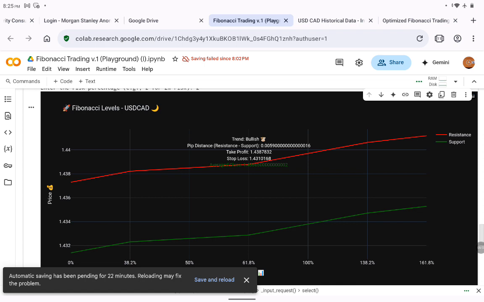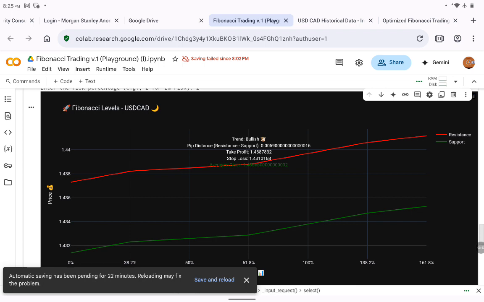I take the take profit, which is 1.4387, around 388. One of my best trading strategies is called averaging. I don't usually stick with the direct numbers. I like to average either above or below by at least 35 pips, so that I avoid wicks and ensure that my trades actually close and I'm in profit.